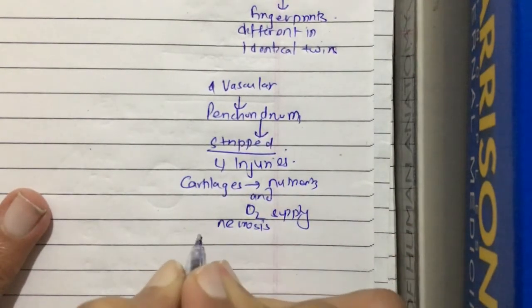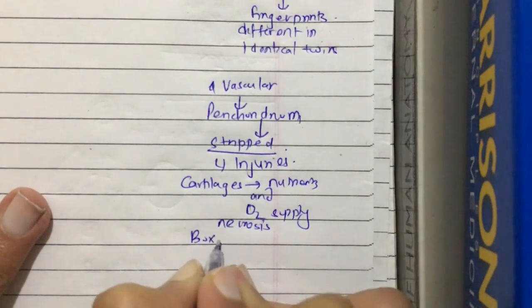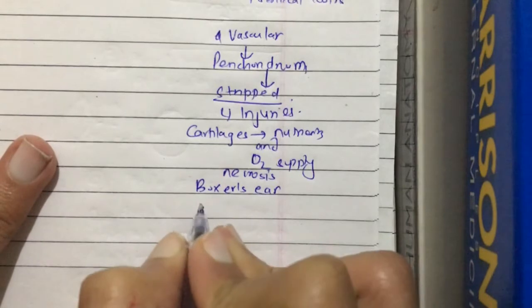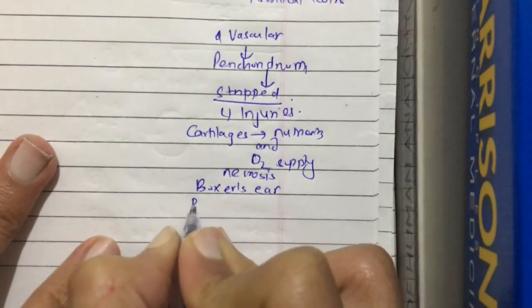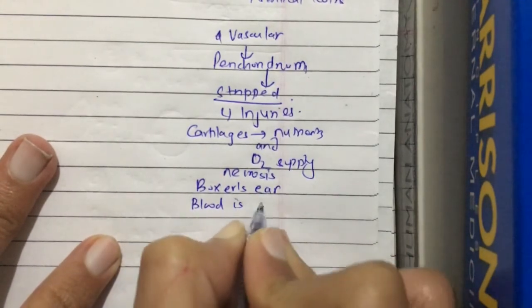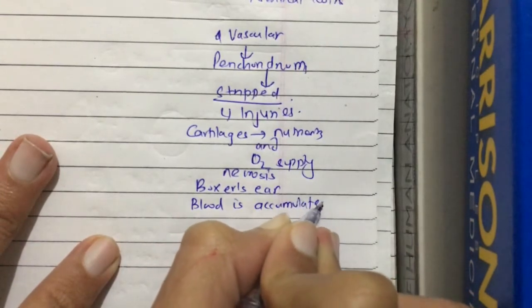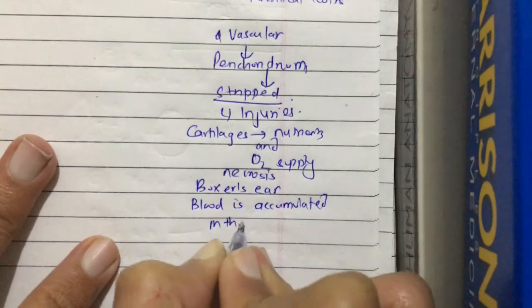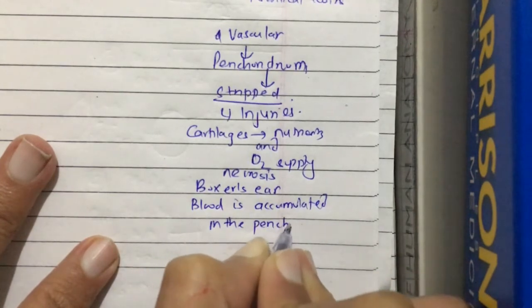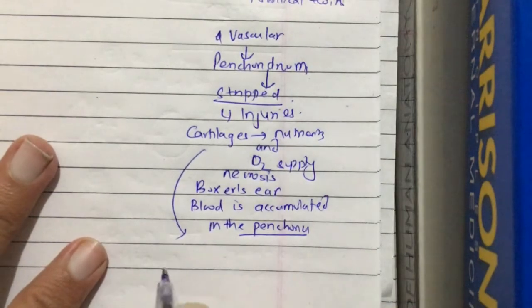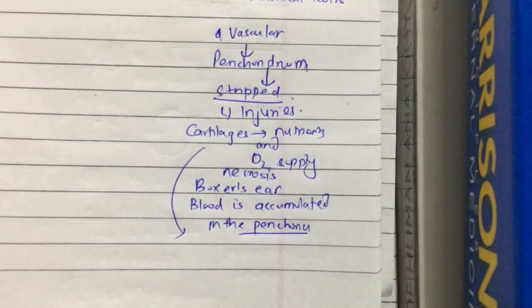For example, in case of boxer's ear, blood accumulates in the perichondrial layer, and thus the nutrients cannot diffuse into the cartilage and it undergoes necrosis. This is known as boxer's ear.